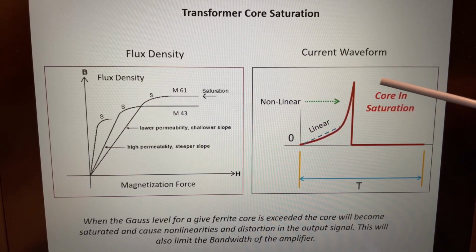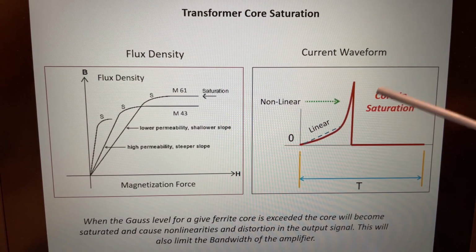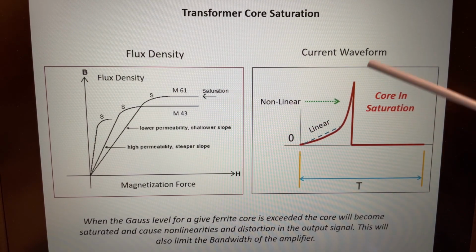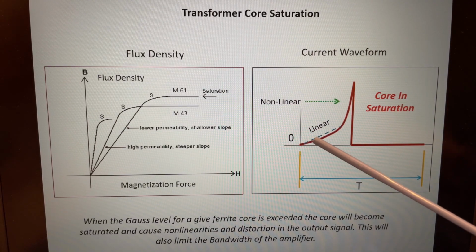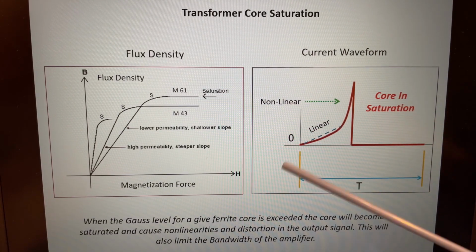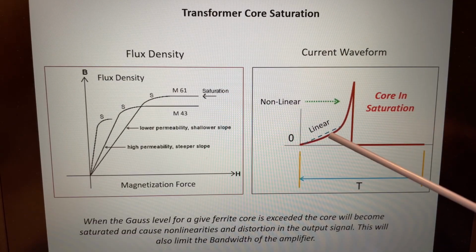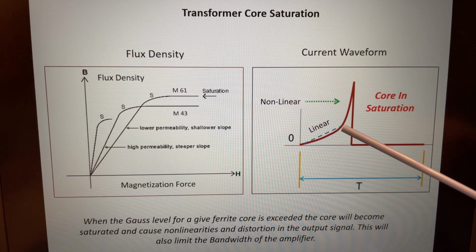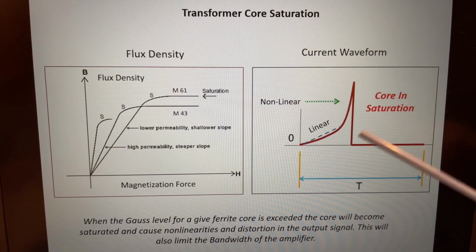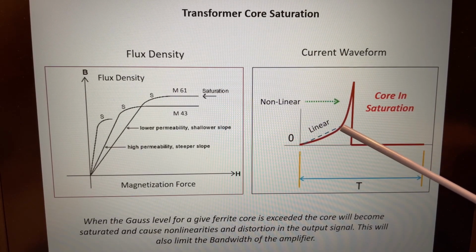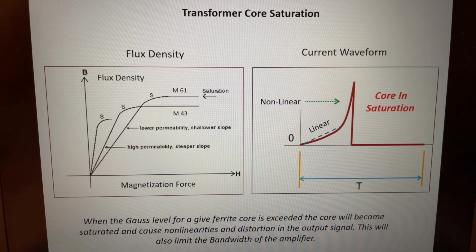Well, if you look at this other curve, you'll see that when the transformer's in the linear region, when it's below saturation, your waveforms will be less distorted and more linear. But once you reach this knee in the curve, and the core starts to saturate, you can see it changes very quickly and becomes nonlinear.